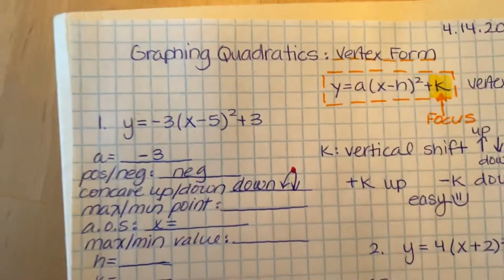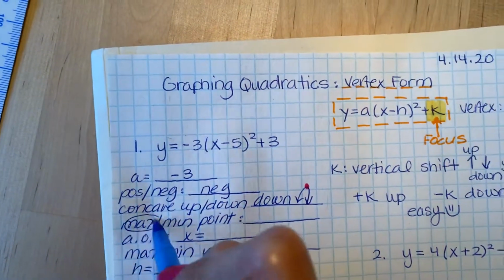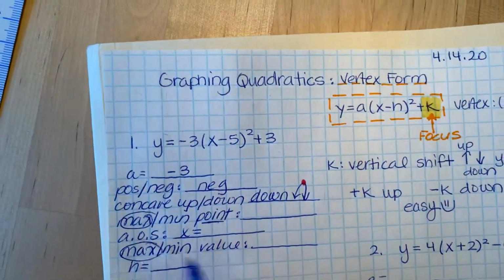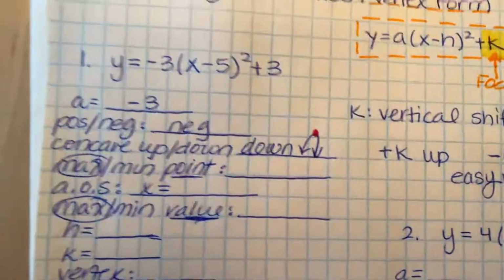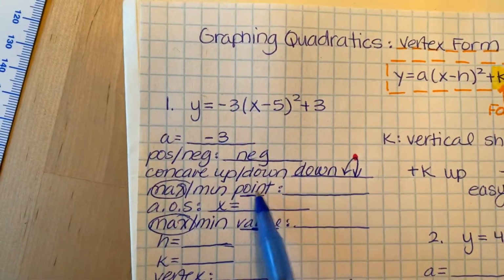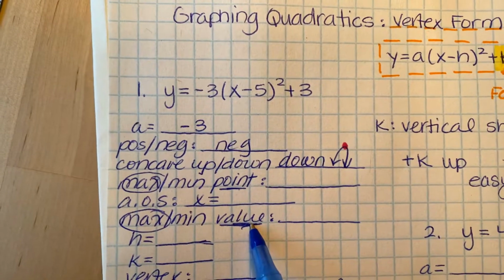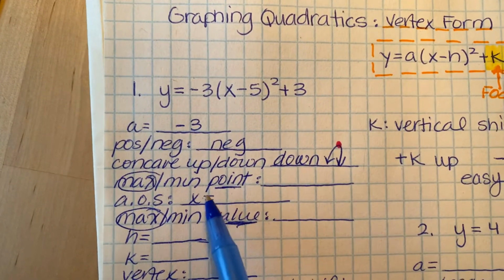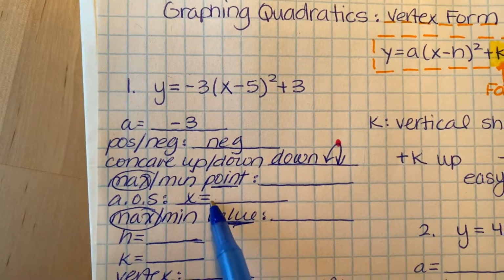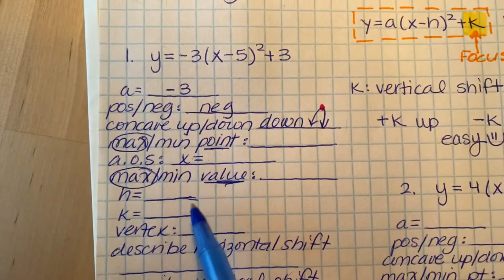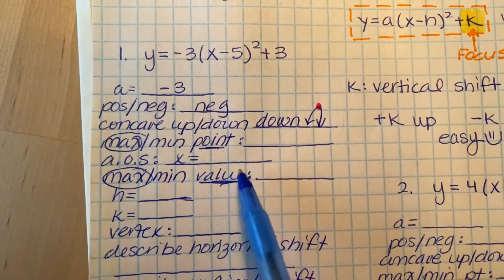And so that would imply that I have a maximum point and I have a maximum value, correct? Okay, your point is your vertex, your value is your k value or the y value of your vertex. Your axis of symmetry is your h value or the x value of your vertex. So let's right away jump into these three and then we'll come back and take care of these.